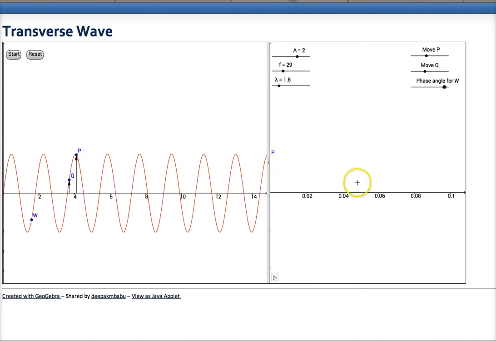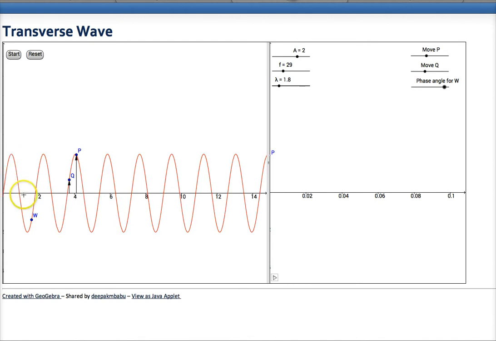On the right-hand side graph, on the x-axis you have time, and on the y-axis you've got displacement of just this particle P. Only P. So on the left-hand side we're tracking all particles, on the right-hand side we're tracking only what happens to P over time. Those are the two graphs.